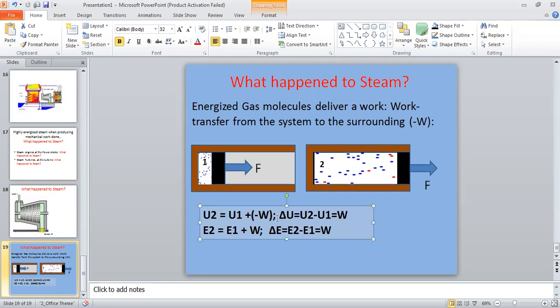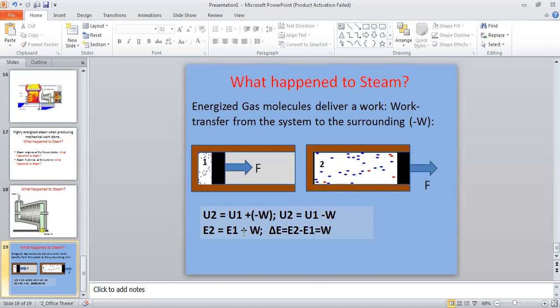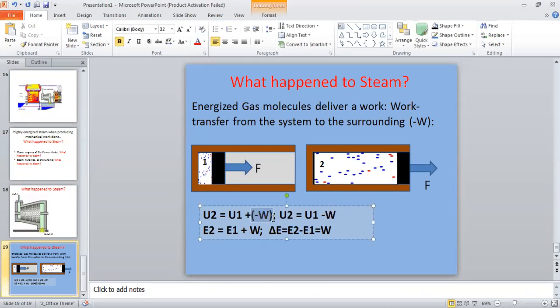So this says that U2 is U1 minus W. See, E2 is E1 plus minus W. So E2 is E1 minus W for this one.